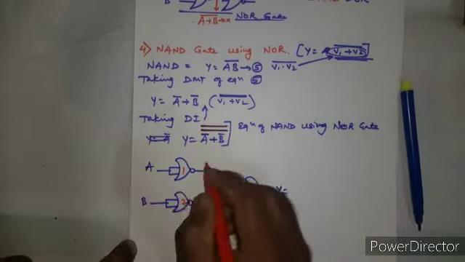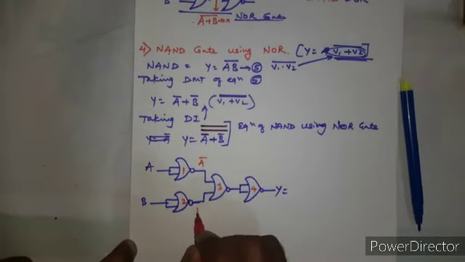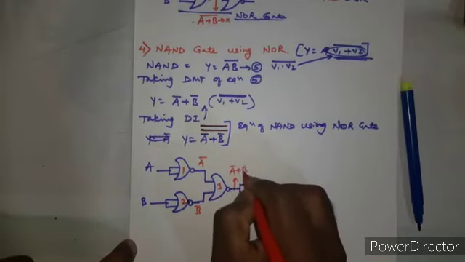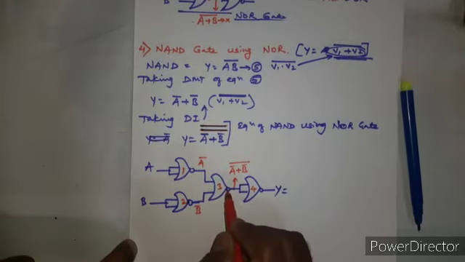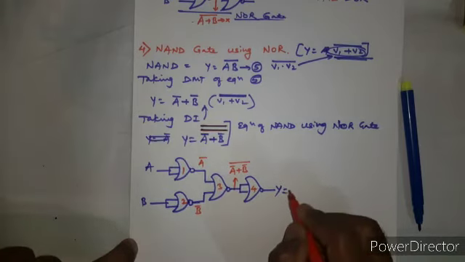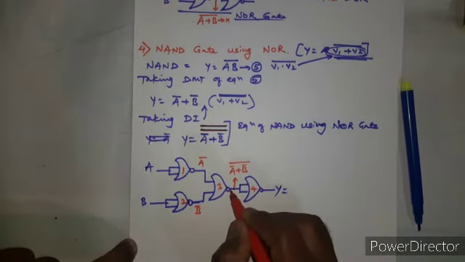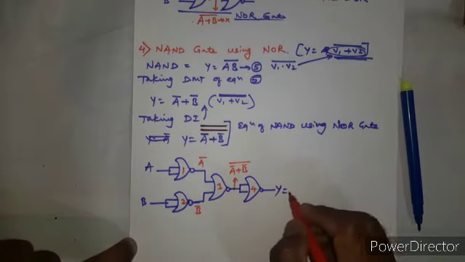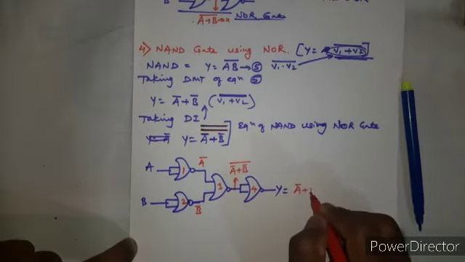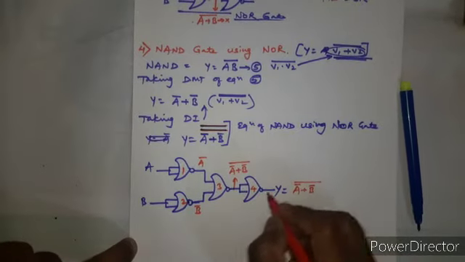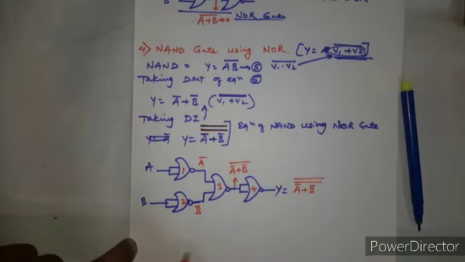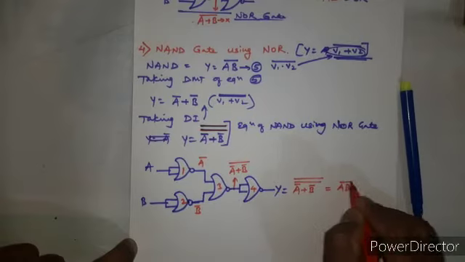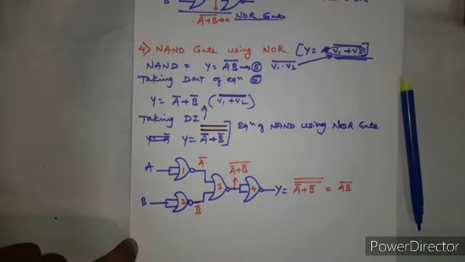So this is a, this is b, and this is y. Here the output is a bar, here the output is b bar. Here we get a bar plus b bar whole bar, since this is a NOR gate, right? Then the output of gate number 3 is given to gate number 4 as an input, and we should get a bar plus b bar whole bar, since this is a NOR gate. Which is equal to a b whole bar, right?